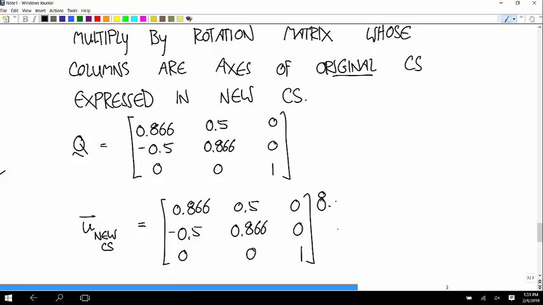What was that? 8.66, 5, 0. If you multiply that out, let me just make sure this works. Yes, you get 10, 0, 0.